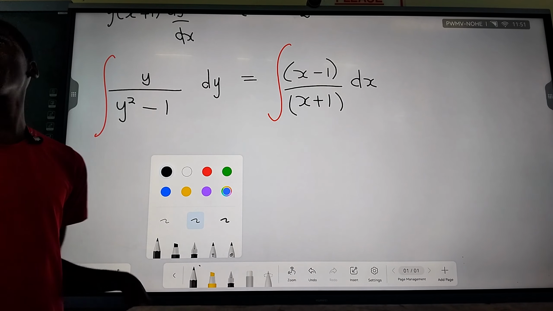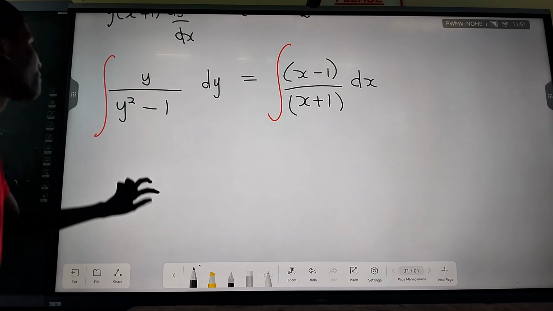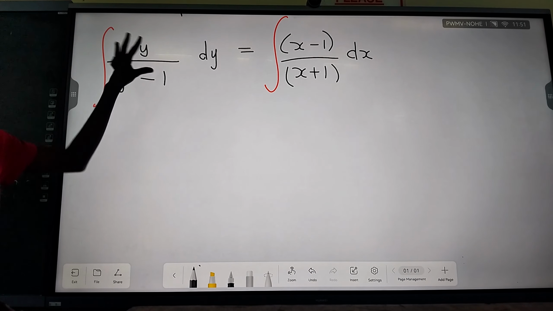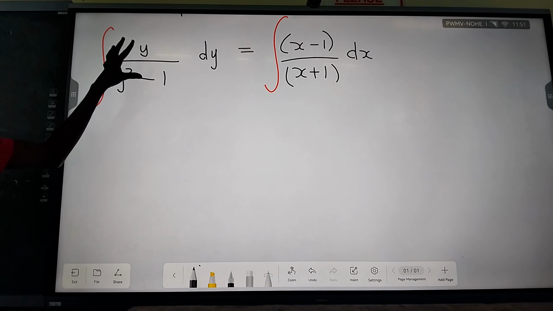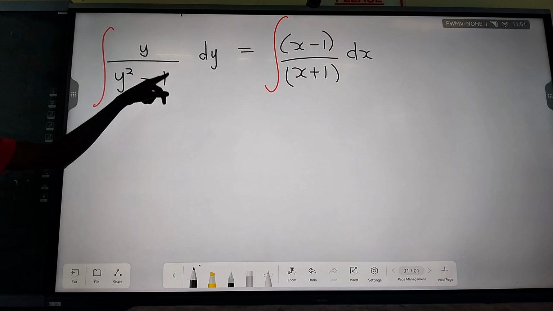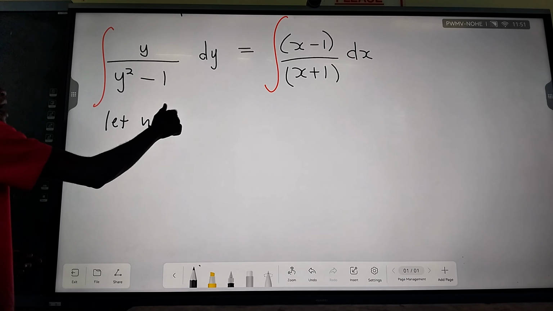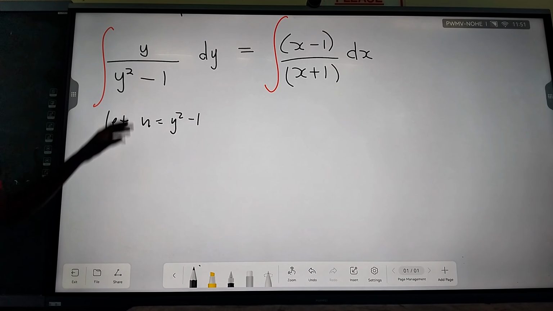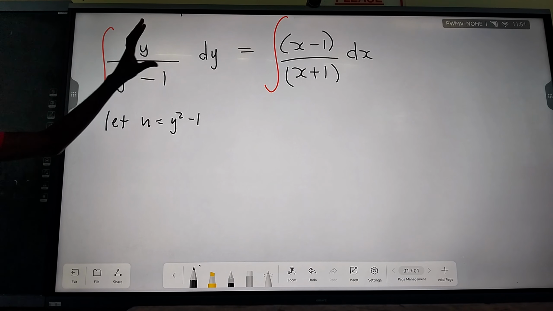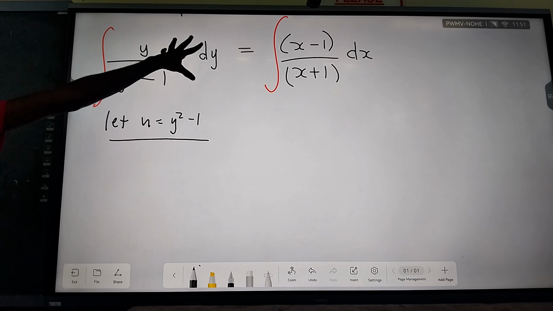So you can integrate this side. Which method are you going to use on this side? U substitution again. You can see this is y squared minus 1, and this is y. So here you can let u be y squared minus 1. You get 1 over u, and you solve that on your own time.